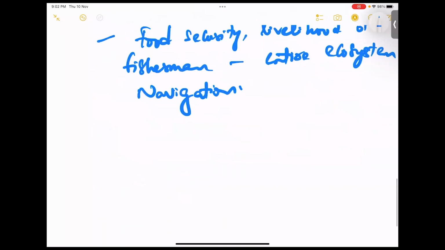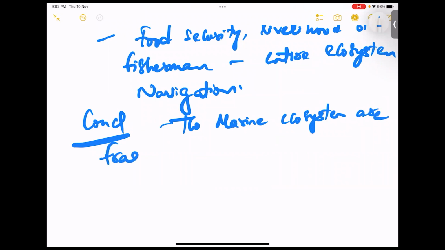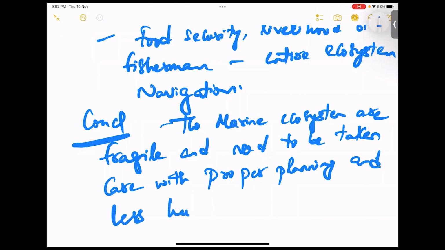The conclusion is the marine ecosystems are fragile and need to be taken care of with proper planning and less human intervention.